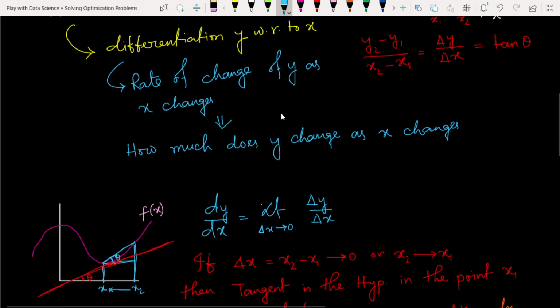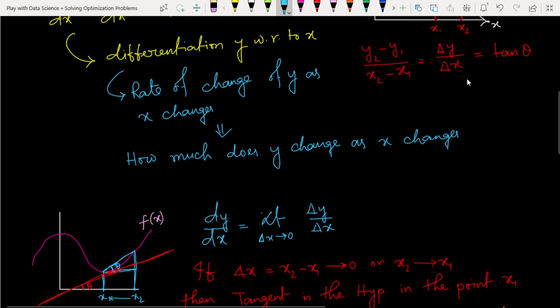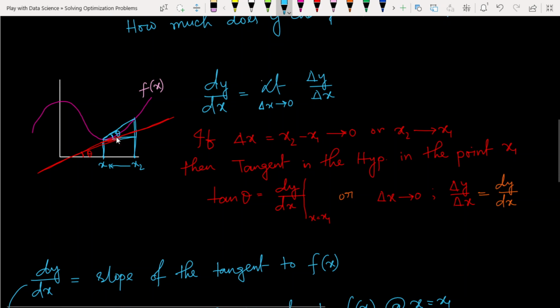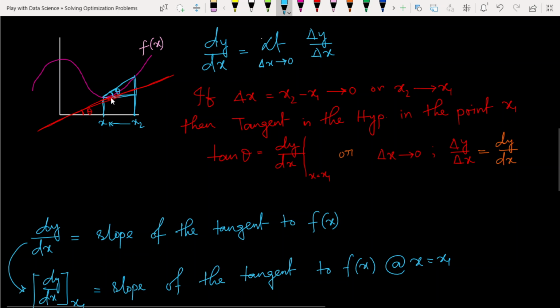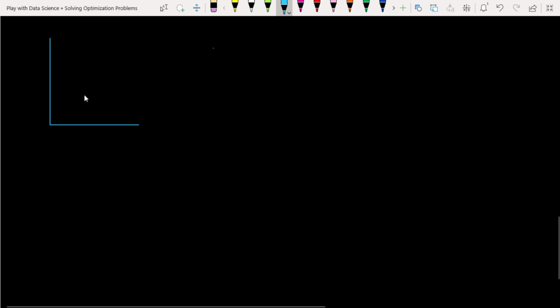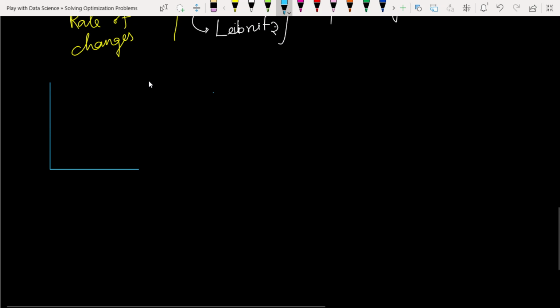For a particular point, the angle of the tangent with the x-axis is what gives the differentiation, which is actually dy by dx. This one we have seen. So if you see the geometrical perspective, just see the value of tan theta, the tangent with respect to the x-axis.